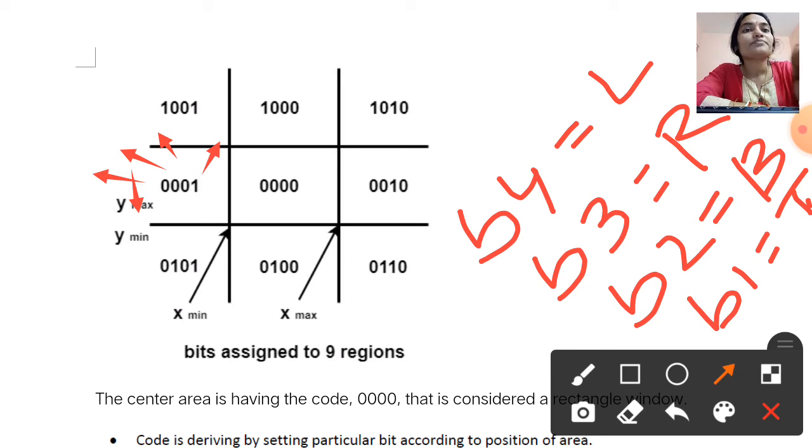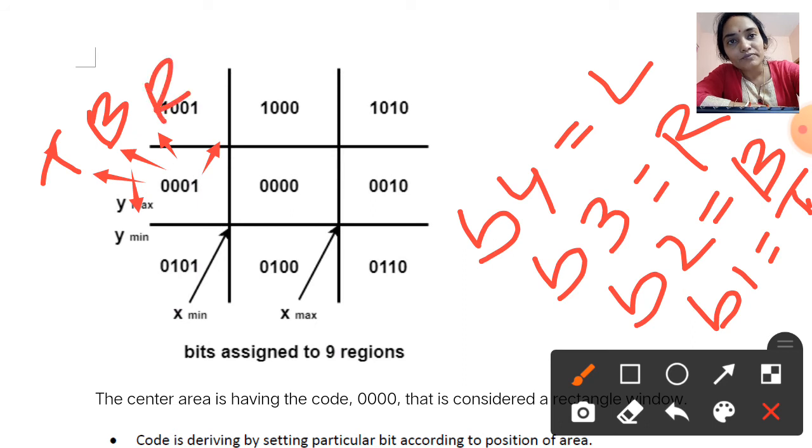That means this one is your top T, then your B, then your R, then your L. Okay, in this way it can be defined.